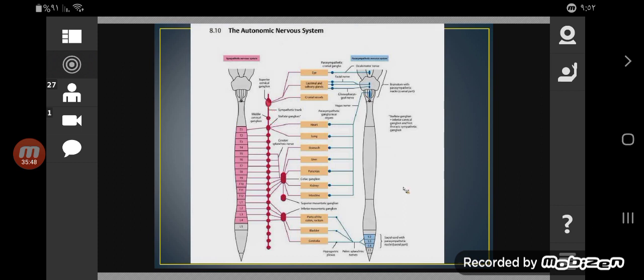Of course, the sympathetic system has a cranial part. From the cervical region, some fibers around the internal carotid artery enter the cranium, but the origin of these fibers is actually from the thorax.